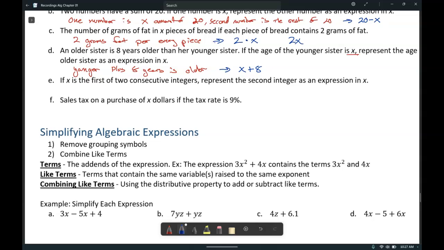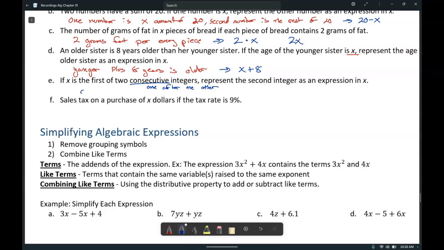If x is the first of 2 consecutive integers, we want to represent the second integer as an expression in x. Consecutive means one after the other, and since we're dealing with integers, we can add 1.